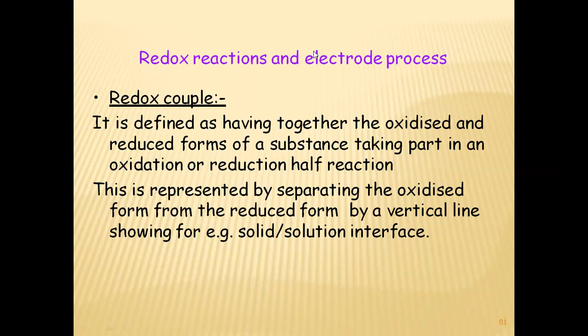This is represented by separating the oxidized form from the reduced form by a vertical line showing a solid-liquid interface. Sometimes we can separate both the phases at a solid-liquid interface. In some reactions, the reduction phase and oxidation phase get separated.